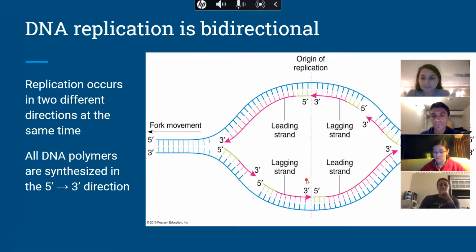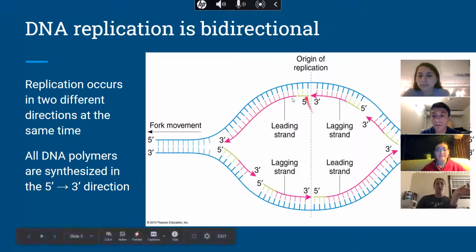Just to be clear, when the MCM complex binds at that origin of replication, right where Rachel's circling, are they going in the directions to start their leading strands, meaning one's going to be at the top going down, and then the other one's going to be the other leading strand? Is that where they'll be located?